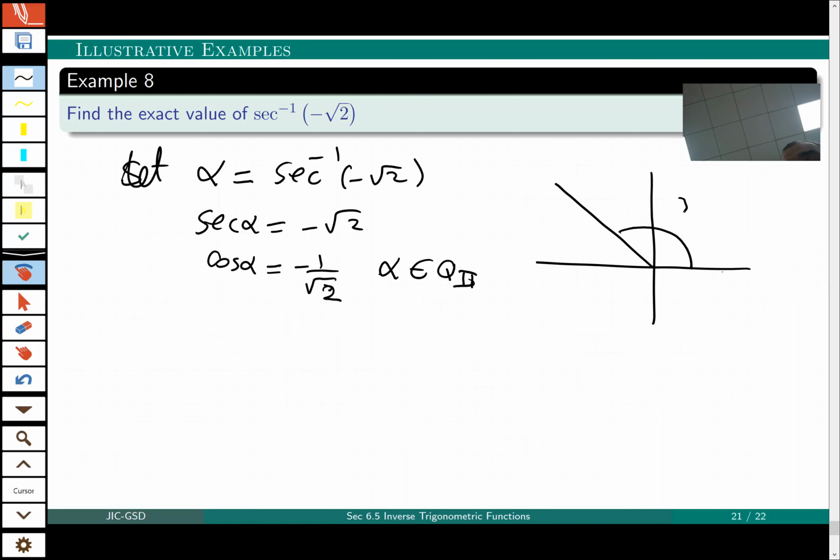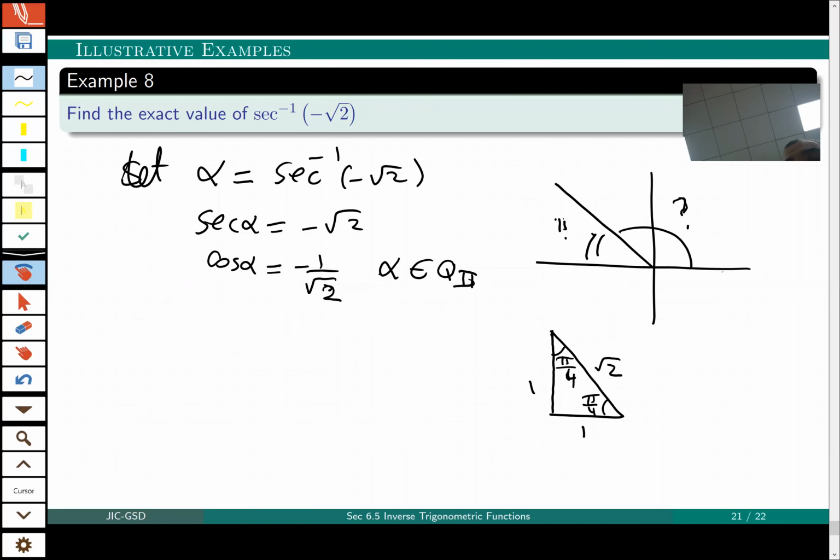This is what I want, but what I will get from the triangle is the reference angle. Forget about the negative now, which angle will give me cosine equal to 1 over root 2? It's pi over 4, because for pi over 4, I have sides 1, 1, square root of 2.